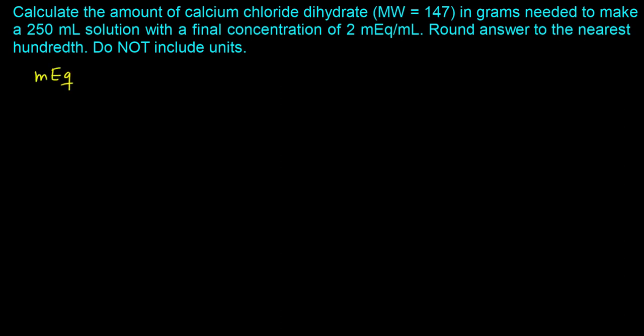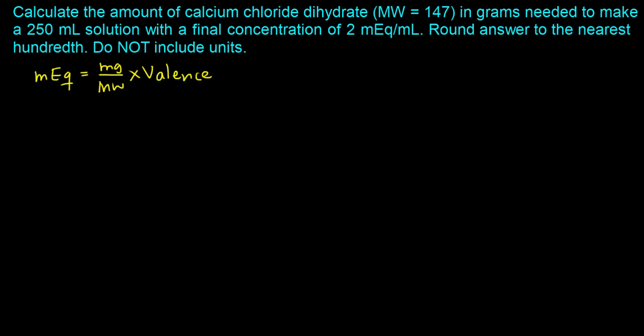Milliequivalents is equal to weight of substance in milligrams divided by the molecular weight times valence. And so the strategy will be to first determine, using the equation, the amount of the calcium chloride in milligrams, and then subsequently doing a conversion step to convert the milligrams to grams.